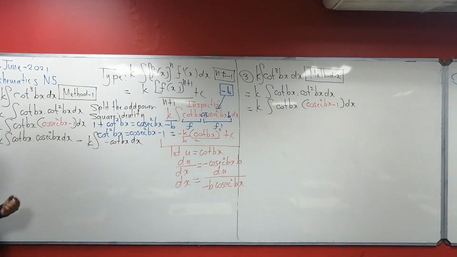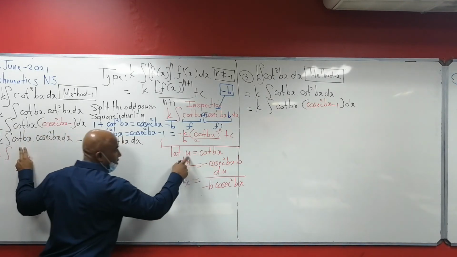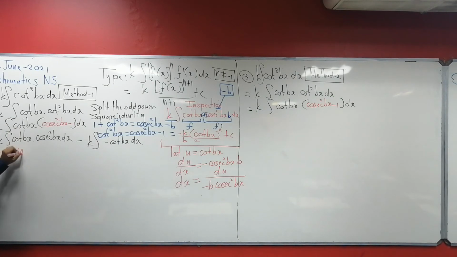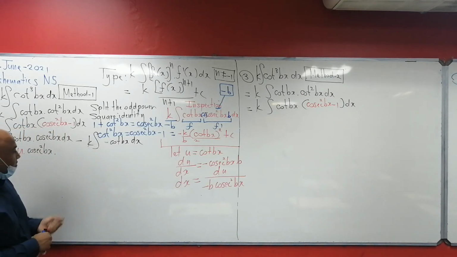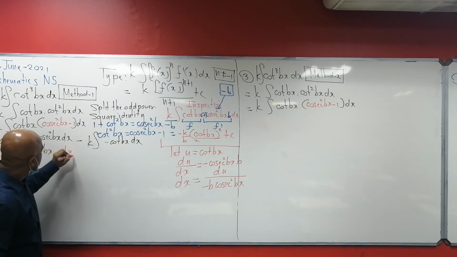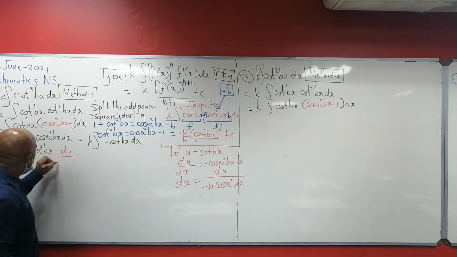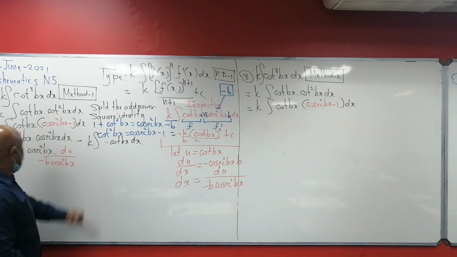Okay. So now we take that, transfer it here, we substitute, so that's my k there. I got cot, but cot is no more cot now. Cot is u. So that's going to be u times cosec squared bx times dx. But dx is now replaced with du divided by minus b cosec squared bx.